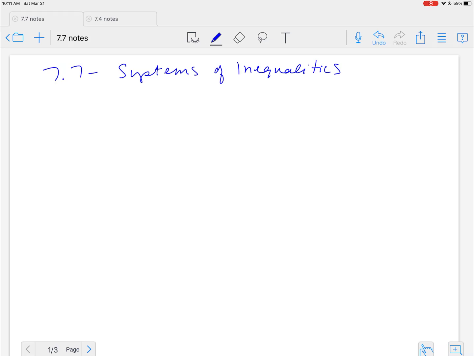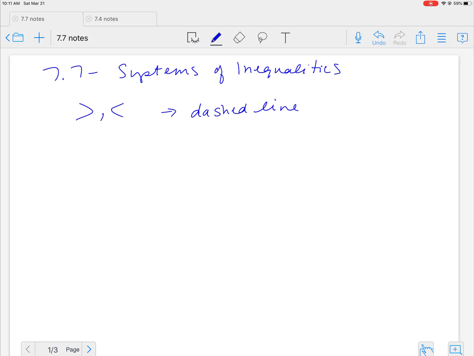When I have a graph, if I have a greater than or less than symbol, that means up to but not including. It means the same thing whenever we graph this. So if this is up to and not including, this is going to be a dashed line.